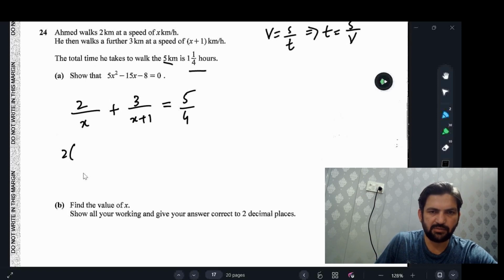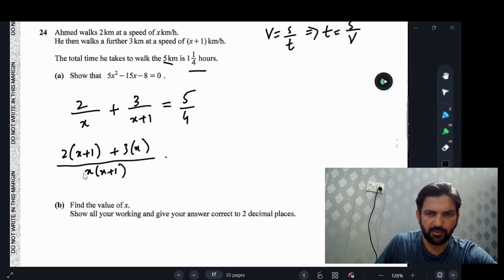So this should be x plus 1 plus 3 into x whole divided by x into x plus 1 is equals to 5 by 4. Now this should be equals to 2x plus 2 plus 3x whole divided by x square plus x is equals to 5 by 4.